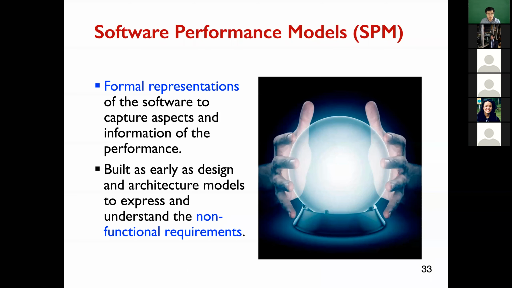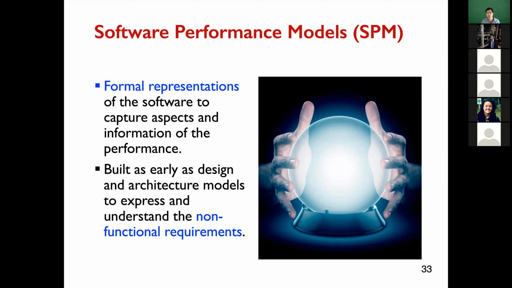Similarly, for software performance models, we have inputs and outputs. So what are the inputs? What are the outputs? Formally, software performance models are formal representations of the software to capture aspects and information of the performance. They can be built as early as design and architecture to express and understand the non-functional requirements.